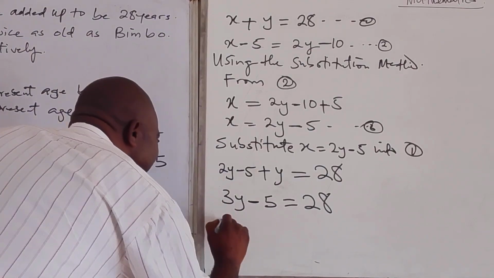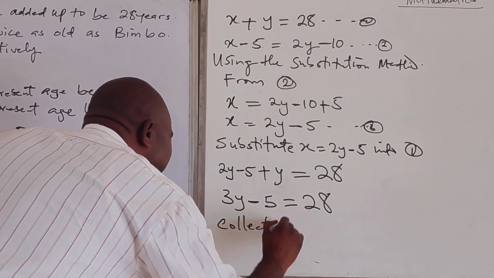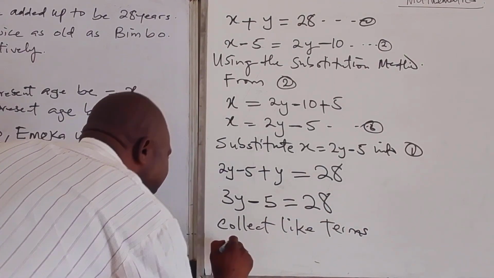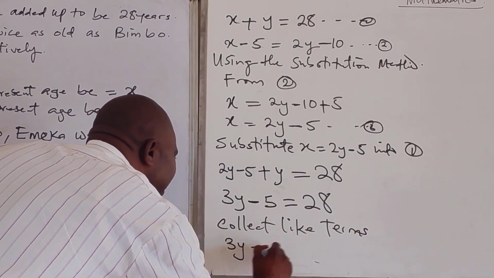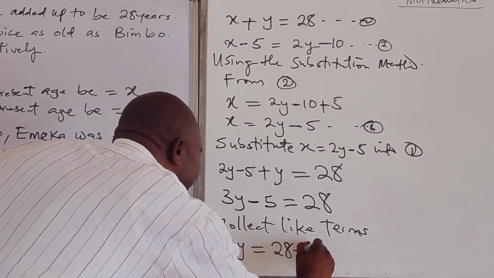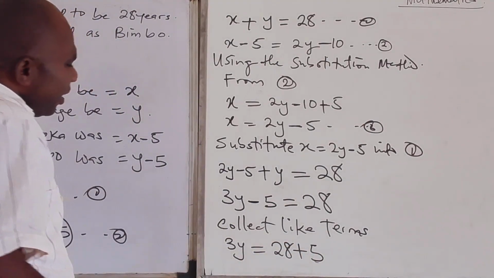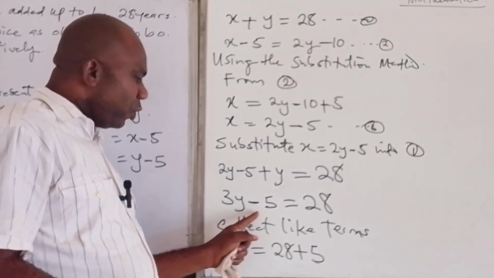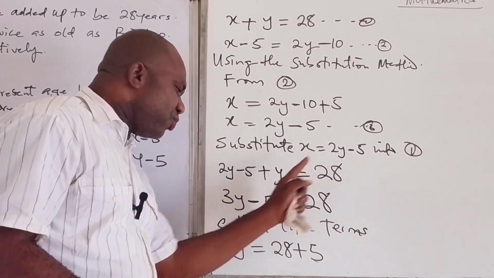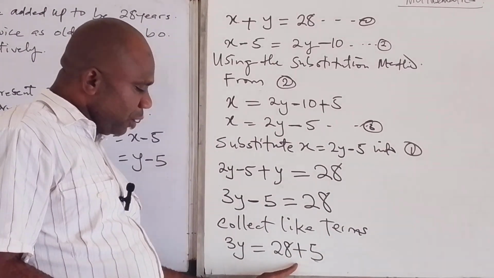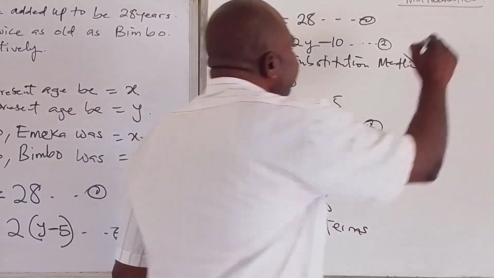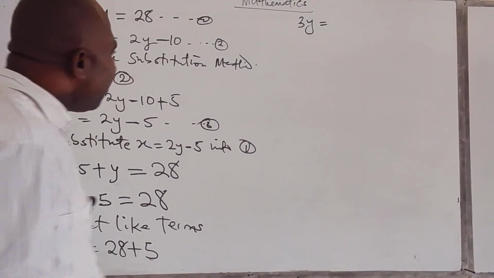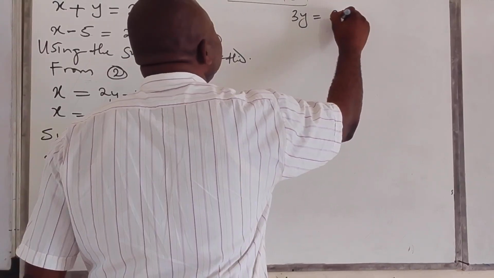So at this point, let's collect like terms. Now, collecting like terms, we have 3y will be equal to 28 plus 5. Yes, 3y is equal to 28 plus 5 because this is negative 5. Yes, crossing to the other side, that's to the right hand side, it will change to a positive value. So here, we have 3y will be equal to 28 plus 5 is 33.